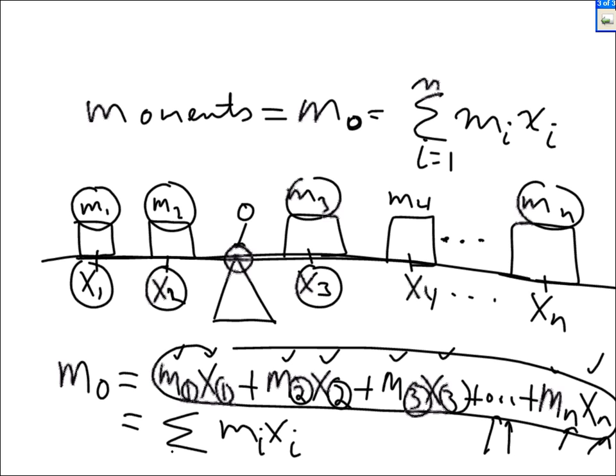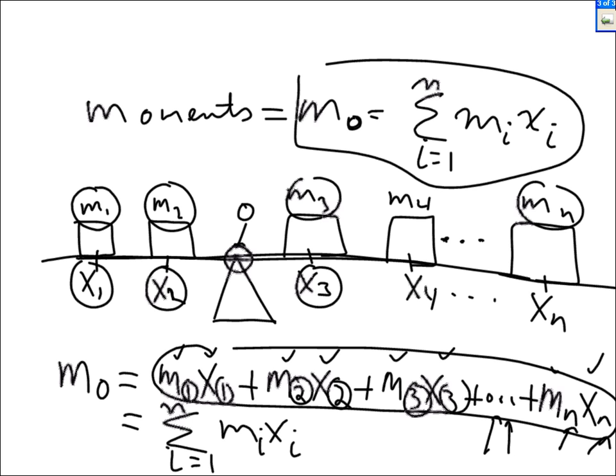So we say the summation as i goes from 1 to n, just like I said up here. And when you do this calculation, you find out what's called the moment.